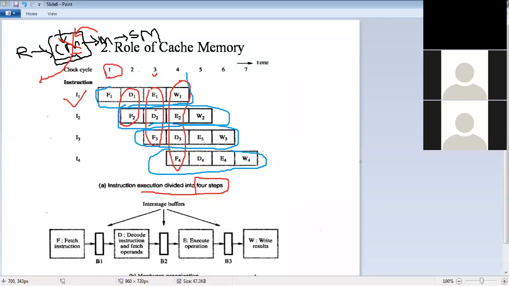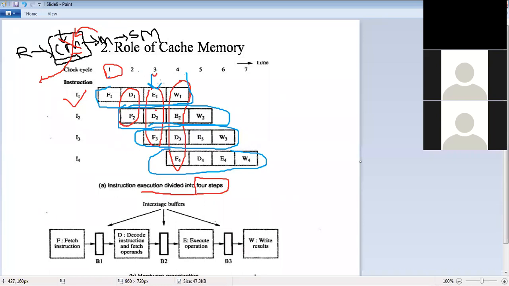But it may not happen all the time, because it may happen that execution unit E1 requires data which is not available in the register, but is available somewhere in the main memory. To fetch that data from main memory to the register, it takes one more extra cycle.